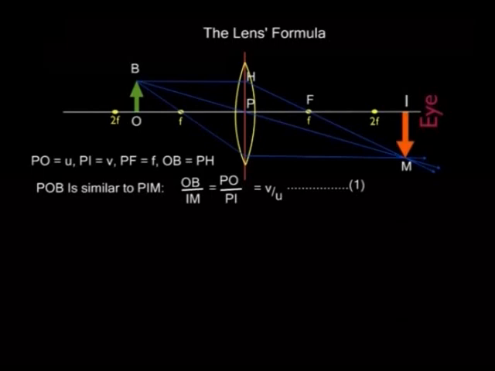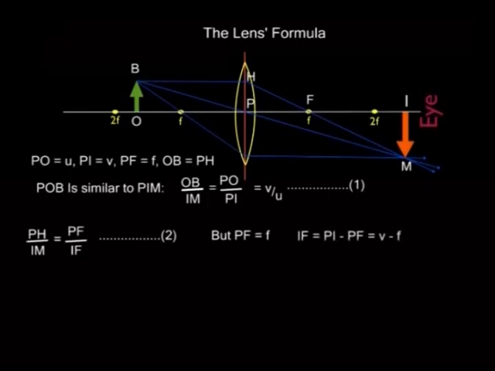Similarly, triangles PFH and IFM are similar, and so PH over IM is equal to PF over IF. But then PF is equal to F, the focal length.